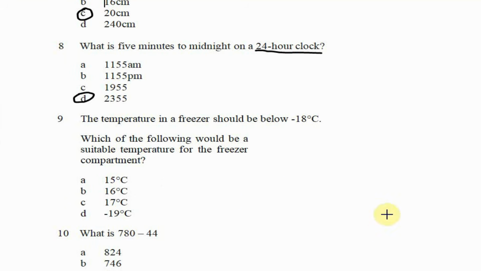Now what we want to do is to draw our number line here, just to give you guys a better understanding of this. The moment they highlighted to us that the temperature in a freezer should be below negative 18 degrees Celsius, that simply means less than negative 18 degrees Celsius.